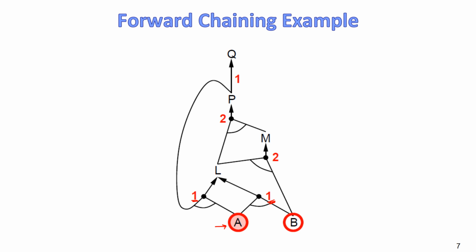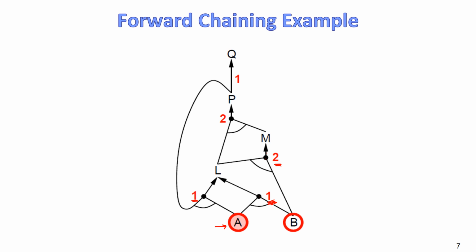Now A is out of the queue. We should go back to the queue and get the first symbol, which is B now. B is attached to this rule and this implication. Once B is activated, because it is out of the queue, we will decrement this one to be 1 and this one will be 0.